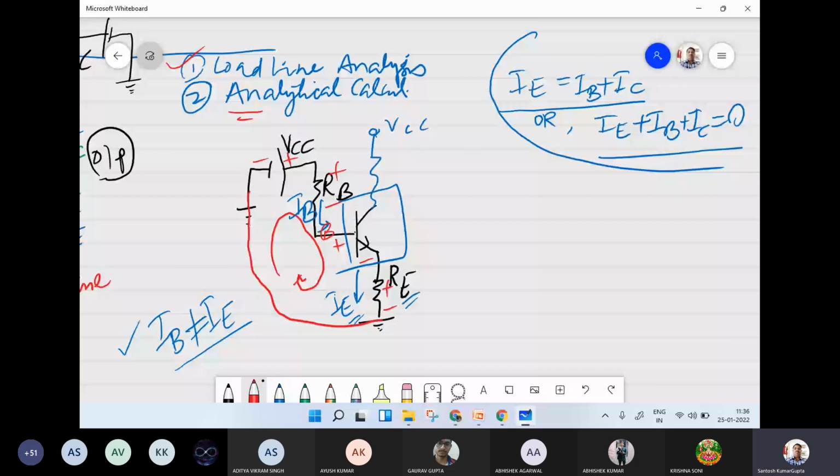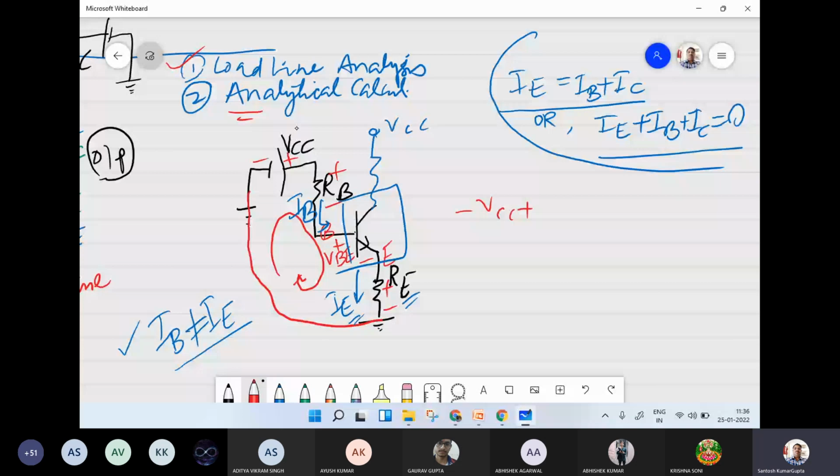Across the base emitter junction, let us say the voltage drop is VBE. So now we can write the equation: minus VCC plus IB times RB plus VBE plus IE times RE equal to 0.